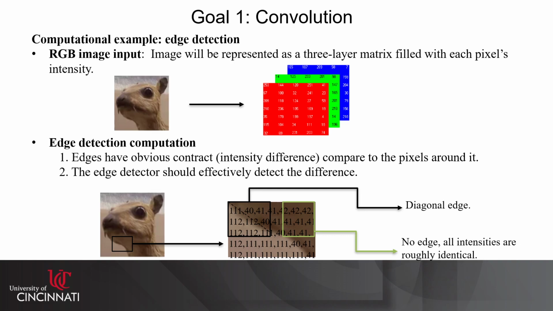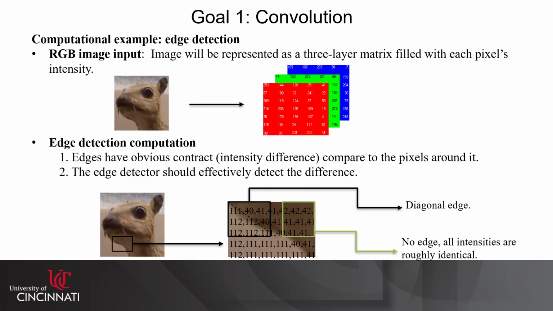By analyzing those numbers, we can find the relationships. We can find some quirks and features of those numbers, and then we can say, okay, if that happens, then that's the feature. So for edge detection, this is a really obvious example.